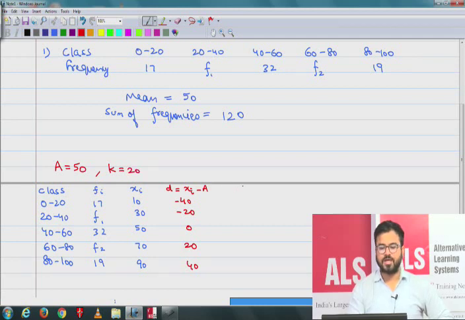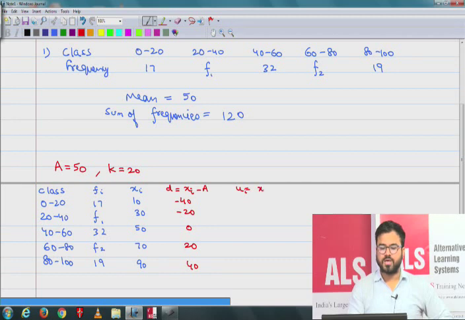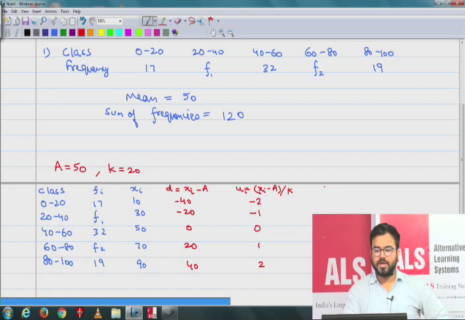So ui is equal to xi minus a divided by k. Minus 40 divided by 20 is minus 2, then minus 1, 0, 1, and 2. So I am getting a very simple form. Now I will do fi into ui.